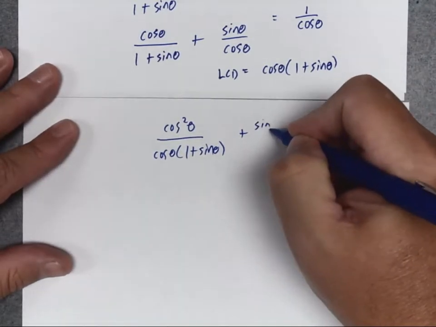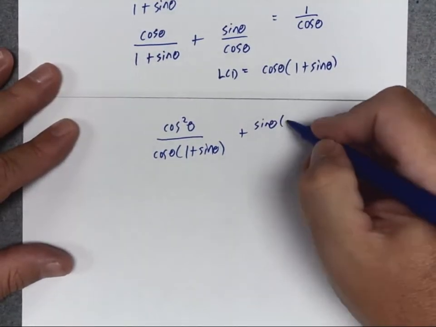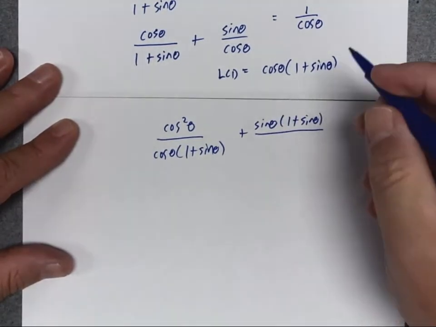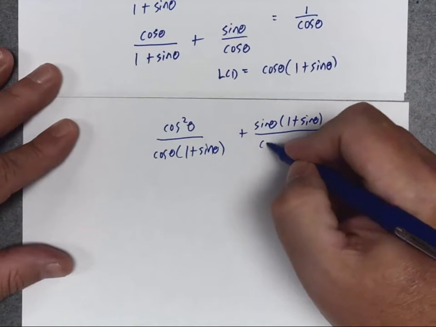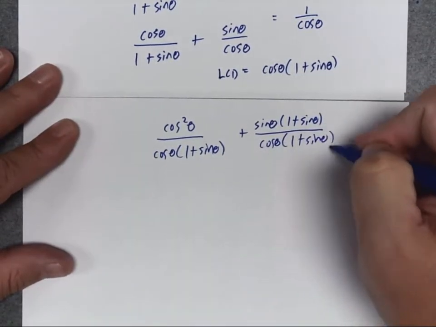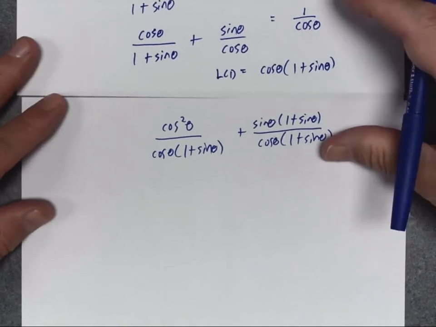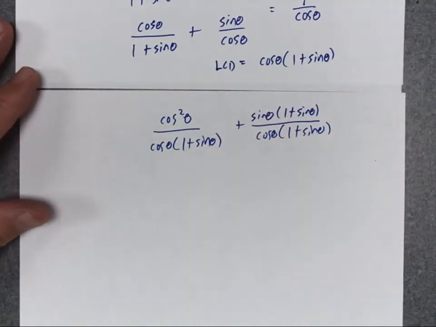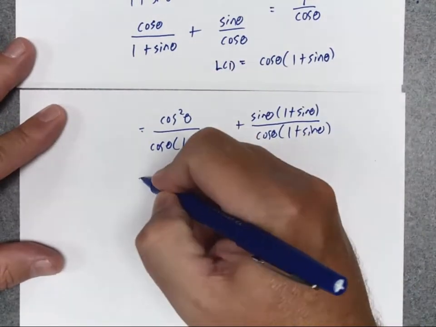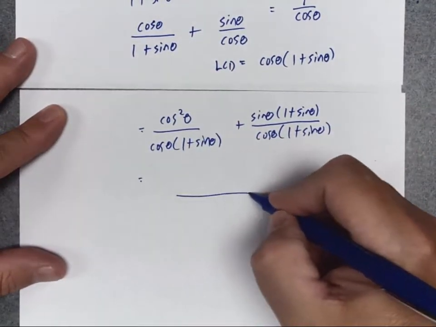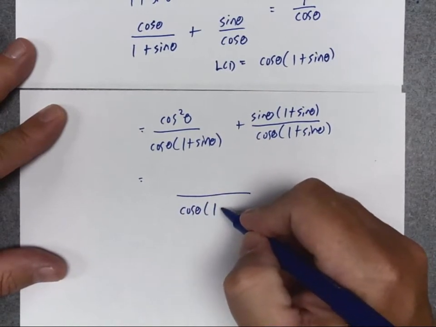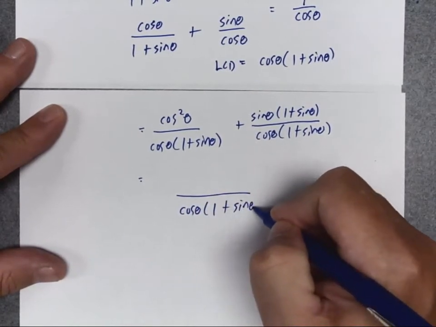So I'd have sine theta times 1 plus sine theta over my common denominator. And now that these two fractions have the same denominator, let's add them together. So here's my common denominator: cosine theta times 1 plus sine theta.